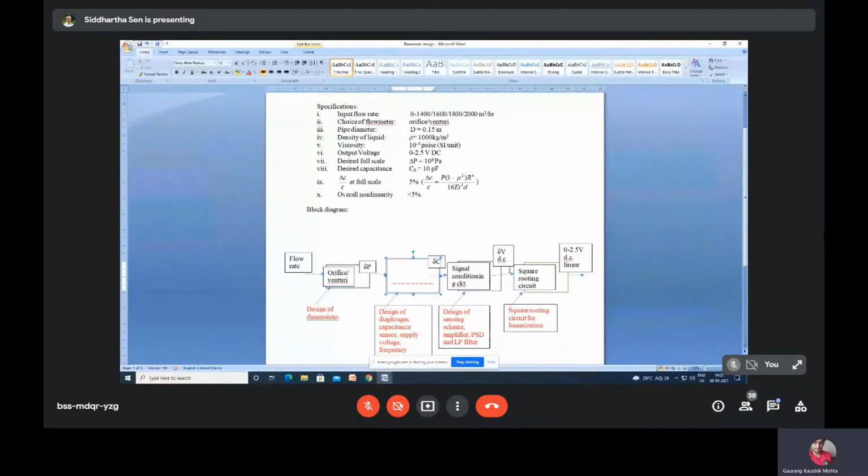Just try to have a budget there, and finally, an adjustment. It is always better to use some sort of potentiometer where you can adjust the sensitivity at the final level to get it in the desired input or output range.